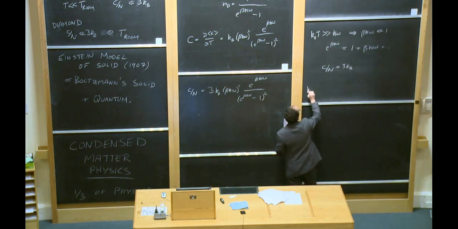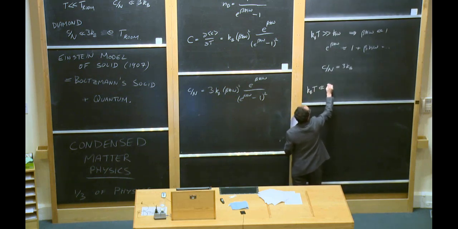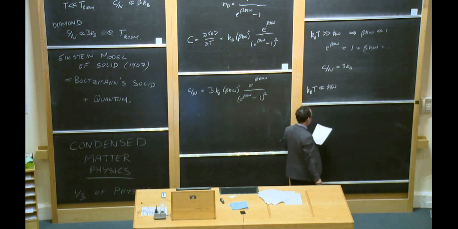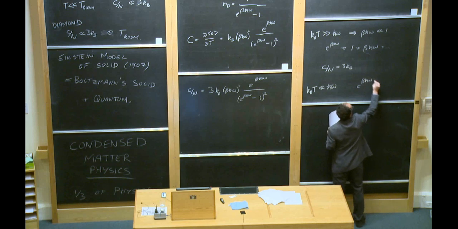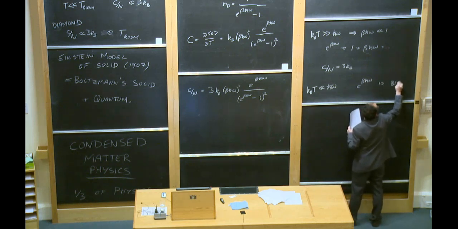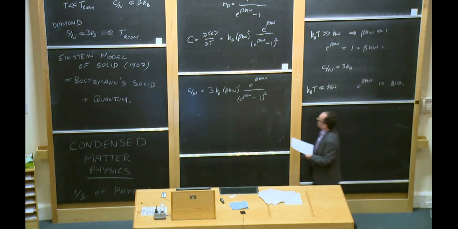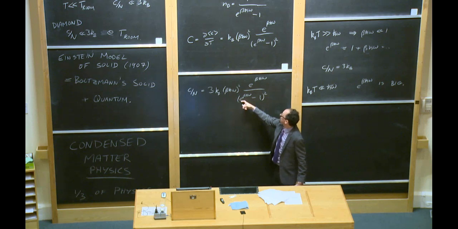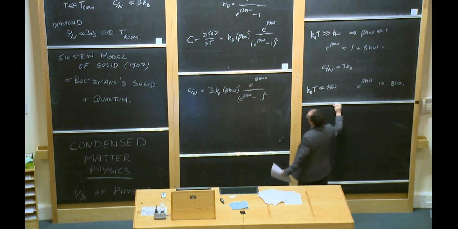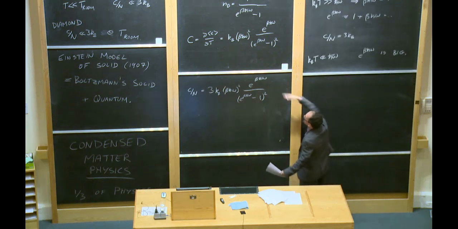So let's try k_B T much less than h bar omega. In this case, e to the beta h bar omega is very big, exponentially big. In which case, we can come over to this equation here. The minus 1 doesn't matter compared to this huge number. And so it's just going to give us an e to the beta h bar omega squared downstairs. And we'll cancel one of the things upstairs.